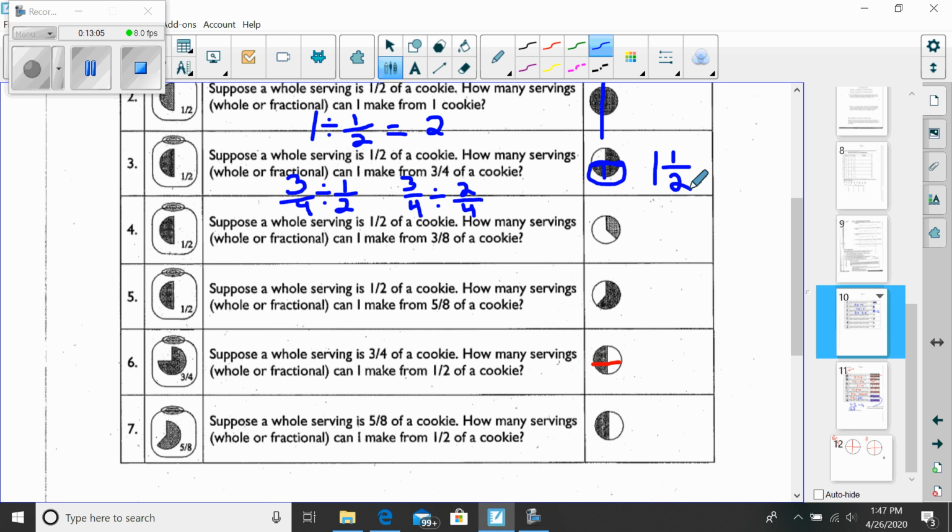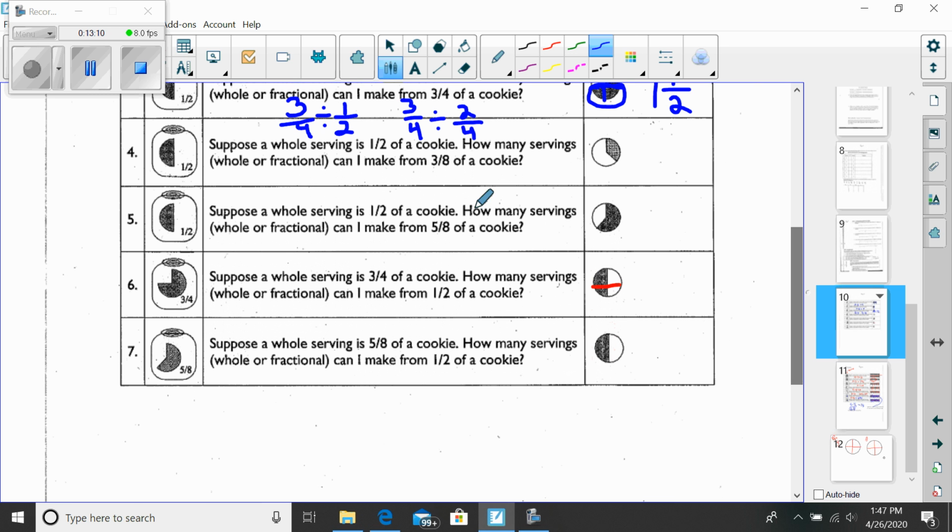Number 4, the serving is a half. How many do I get out of 3/8 of a cookie? If the serving is half of a cookie, I'm not even going to get a whole serving, right? My answer is going to be less than 1. Okay. So what does a half look like?